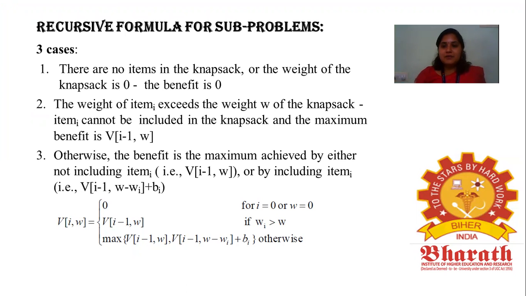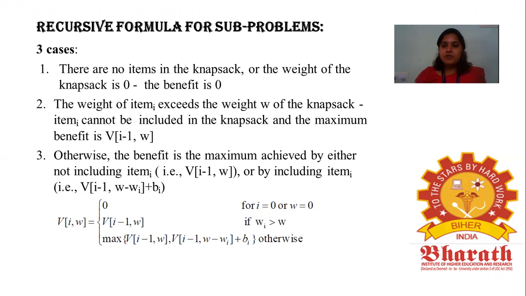See here the formula is V of i comma W. If the knapsack capacity is 0 and no object is in the knapsack, the value is 0. Suppose the weight of the current item is greater than the capacity of the knapsack, then we are taking the previous value. That is V of i minus 1 comma W, which means the weight will be the same. We take the value from the previous row.